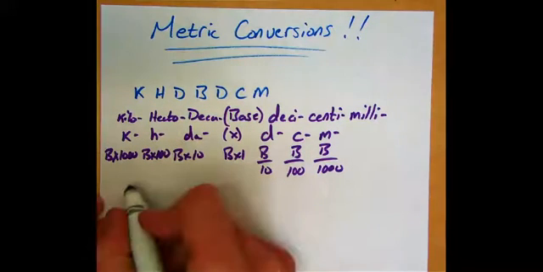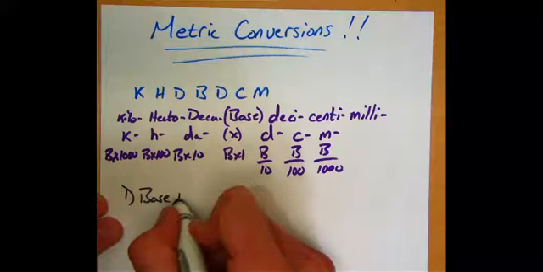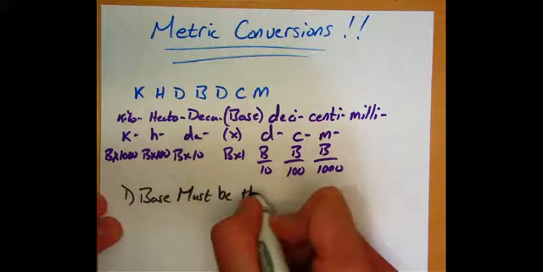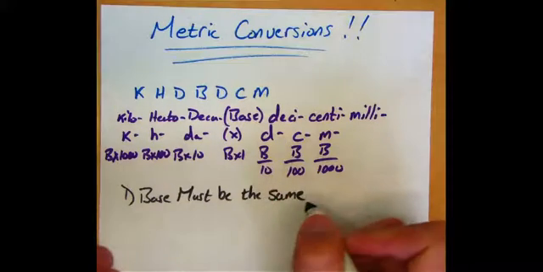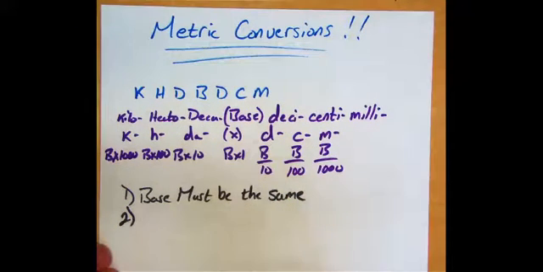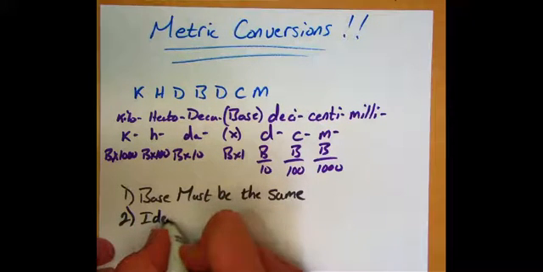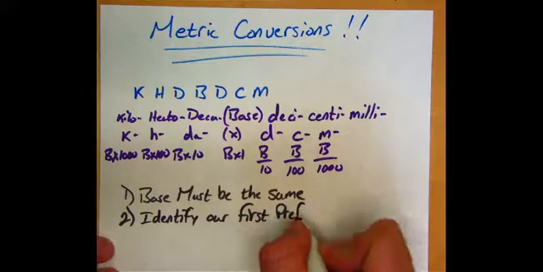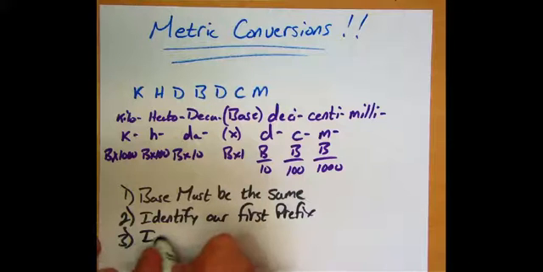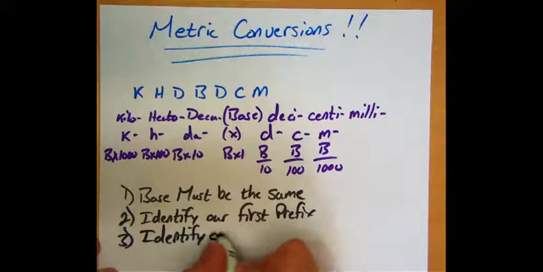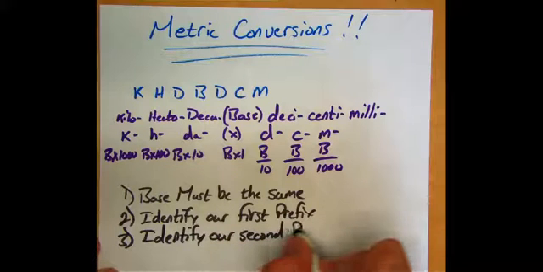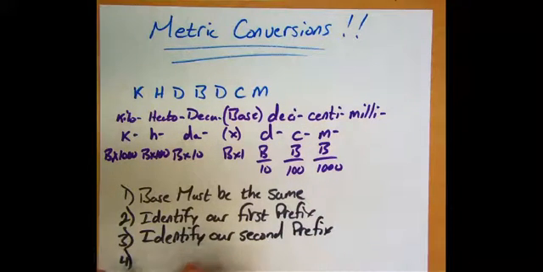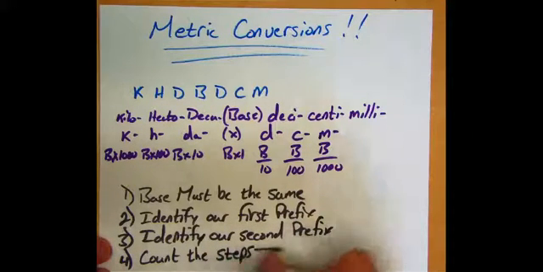All right. Now, in order to convert back and forth between our prefixes, first thing we need to do, so rule 1, is the base must be the same. Our bases must be the same. 2, if our bases are the same, then we identify our first prefix, 3, we identify our second prefix, 4, count the steps in the direction, and again, these are the steps from above.